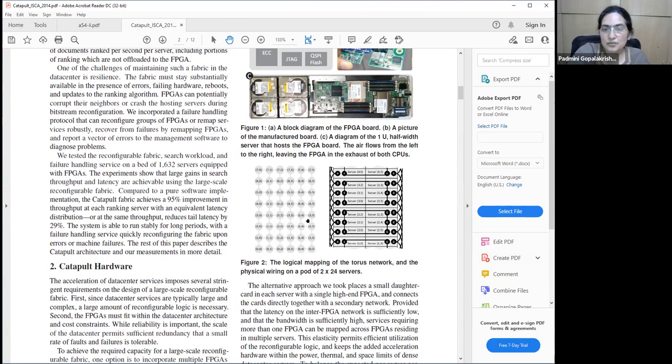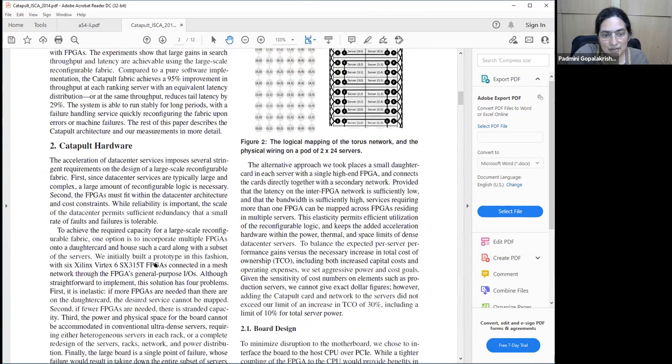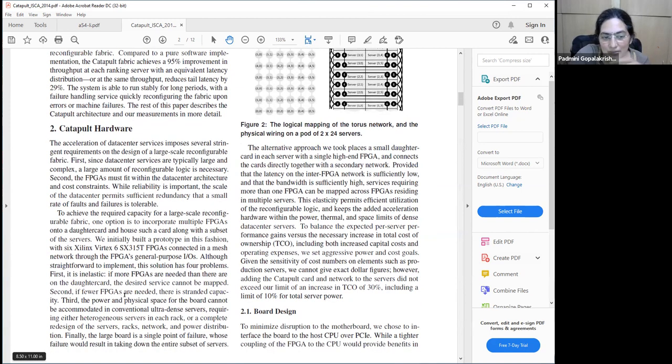Okay. So they talked about why they looked at these different types of configurations. One of the configurations they looked at is you put multiple FPGAs onto a daughter card, and then you put that card such that a subset of servers access it. Here they talk about the problems with this.